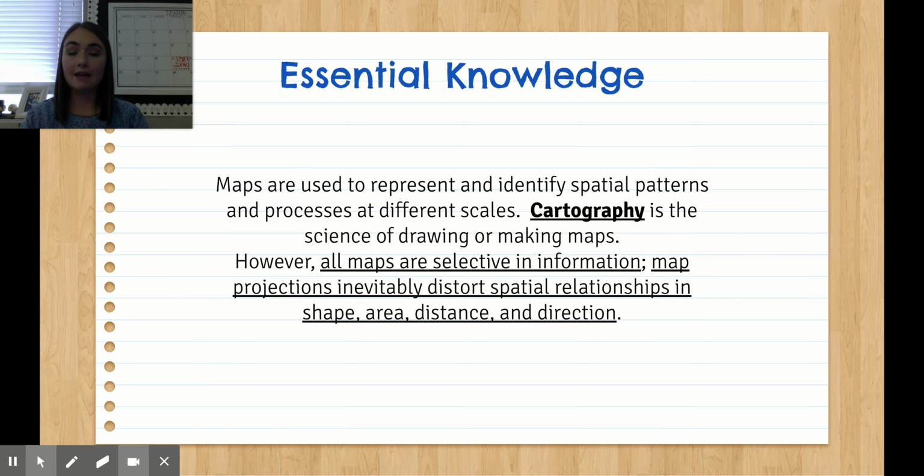Maps are inevitably distorted. What that means is no matter what, when you look at a map, it's wrong in some way, shape, or form. They're inevitably distorted in shape, area, distance, and direction. Okay? One of those things is always off when you're looking at a map.